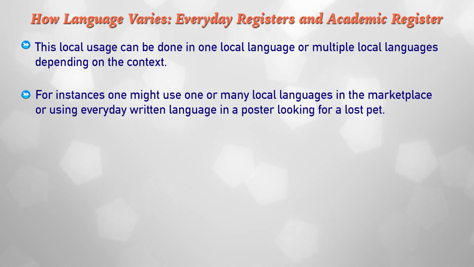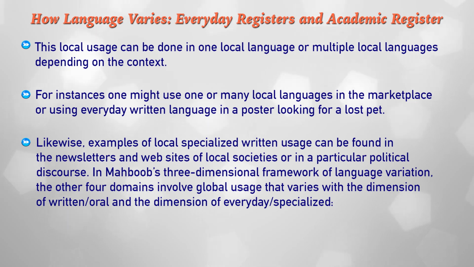For example, one might use one or many local languages in the marketplace or use everyday written language in a poster looking for a lost pet in the neighborhood. Likewise, examples of local specialized written usage can be found in the newsletters and websites of local societies or in a particular political discourse, in Mahboob's 3 dimensional framework of language variation.